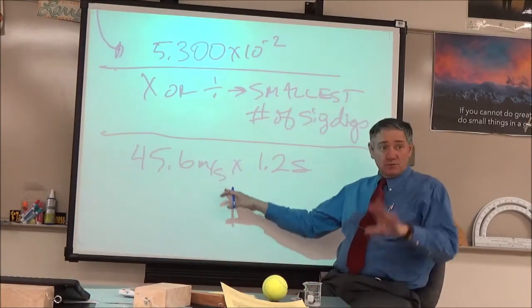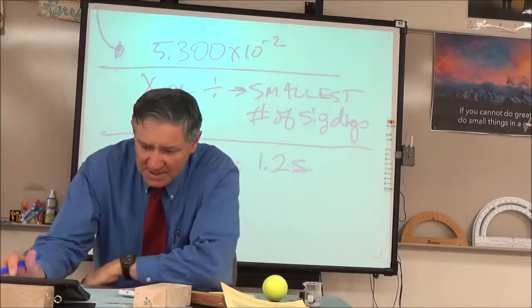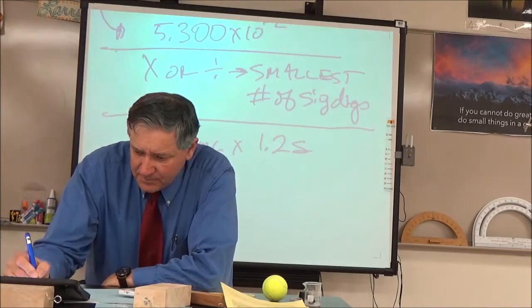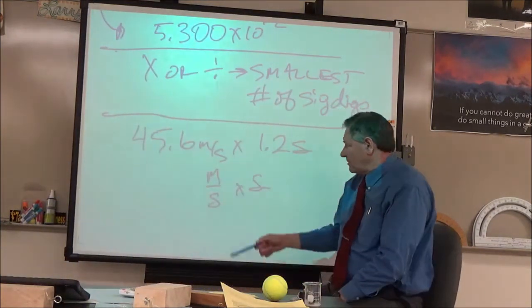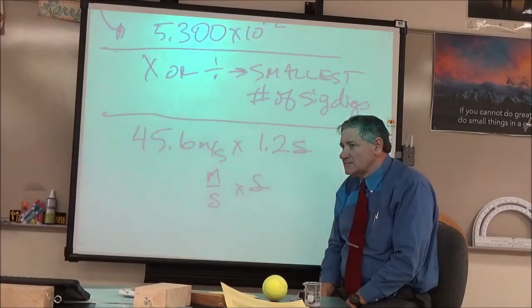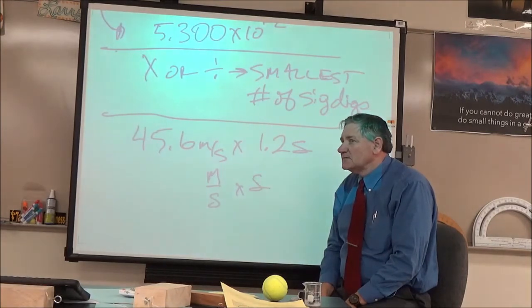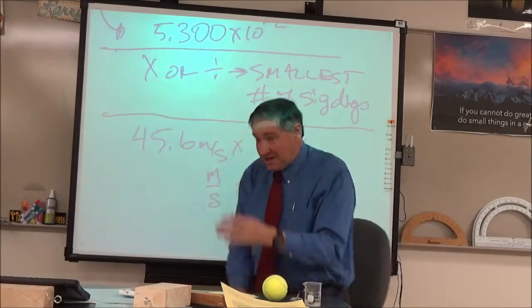So let's start with what units I'm going to get. If I take meters per second and multiply that by seconds, Paige, what am I going to get out of that? Meters, seconds over seconds. No, but the seconds cancel out. Beautiful. So the seconds are going to cancel out.